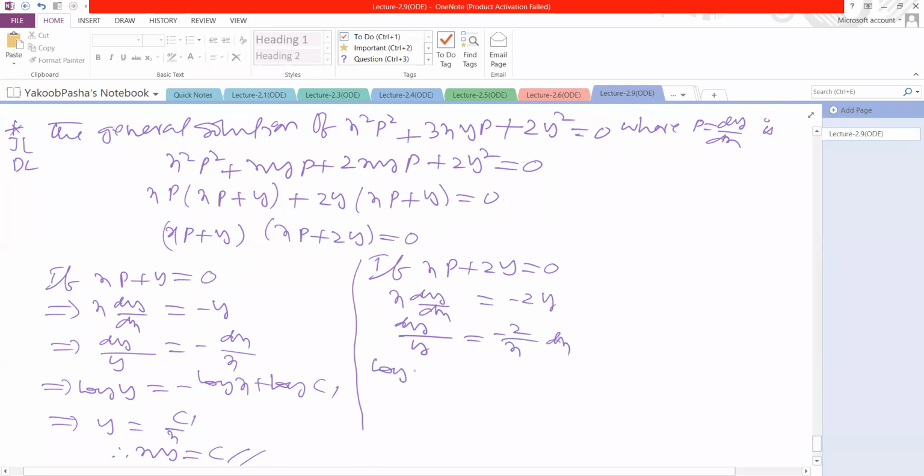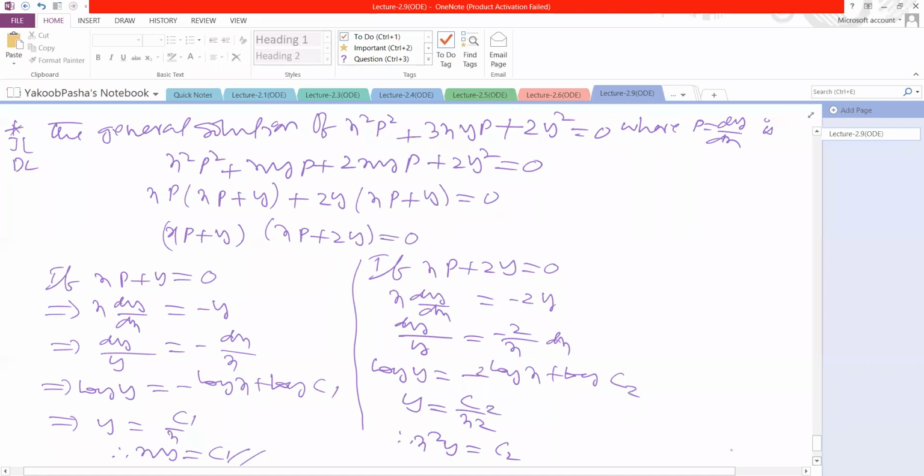By integration, log y is equal to minus 2 into log x plus arbitrary constant log c. So y is equal to c into x power minus 2, nothing but c by x square. So x square y is equal to c2.